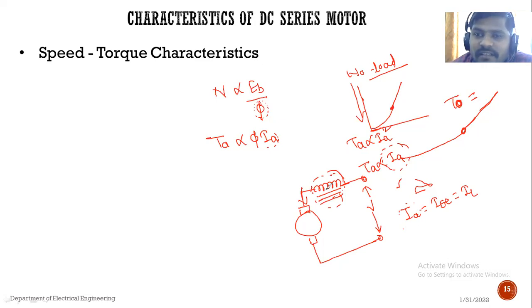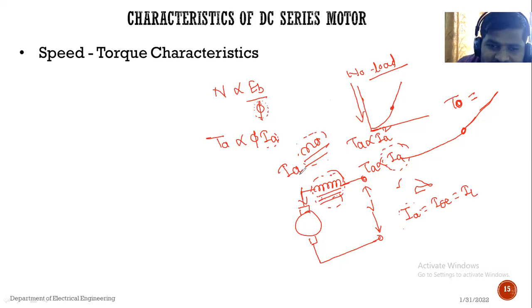How much is the flux production? Whether it is minimum or maximum, just tell me. Minimum. Okay. See, armature current is minimum, that means at a no load condition the armature current of the motor will be minimum.